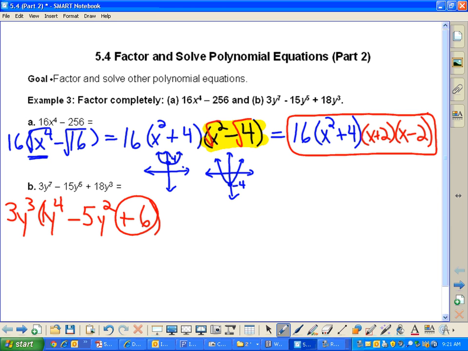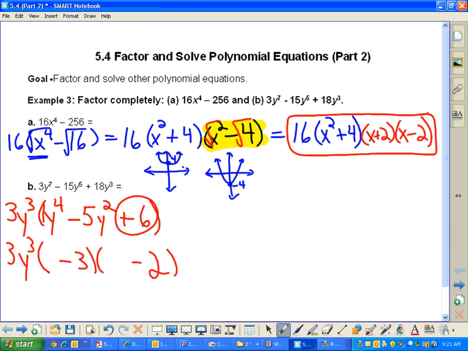I'm just going to think of the numbers that multiply to give me positive 6 that add to negative 5. The numbers that multiply to give me positive 6 that add to negative 5 are negative 3 and negative 2. I'm going to bring down my 3y cubed here. Negative 3 times negative 2 is positive 6.